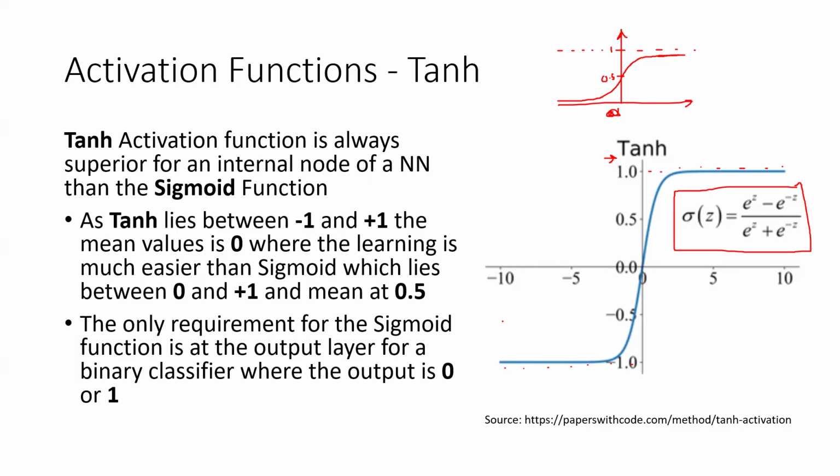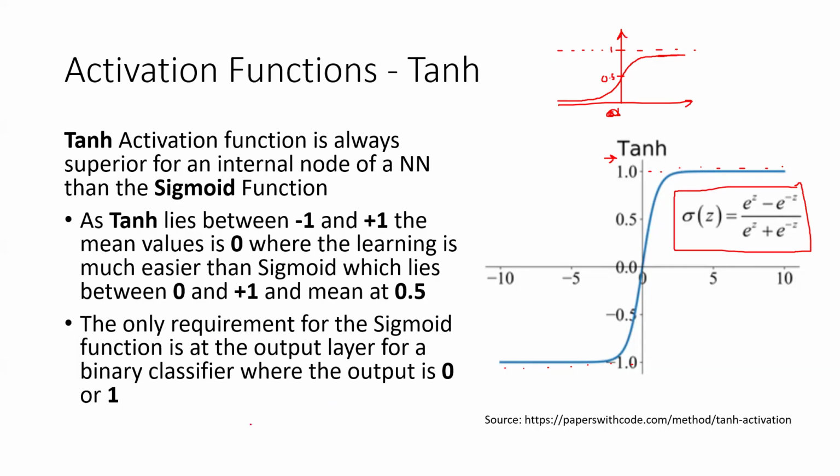Actually, no. In neural networks, if you want to design a binary classifier, which would have 0 and 1 as the output values, you can use the sigmoid function for the output layer only, right?